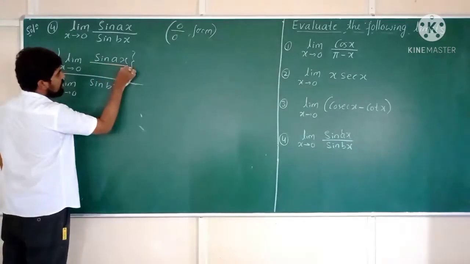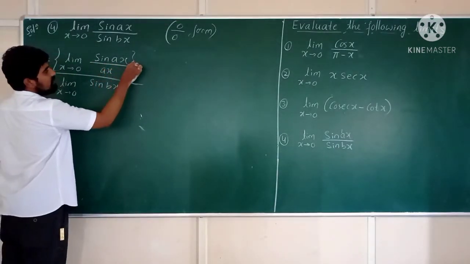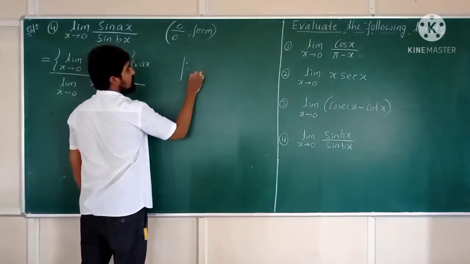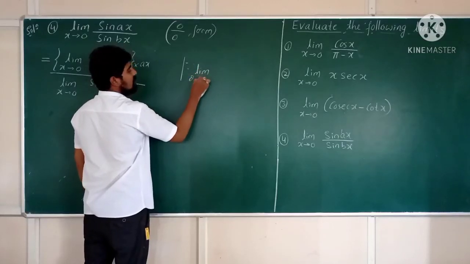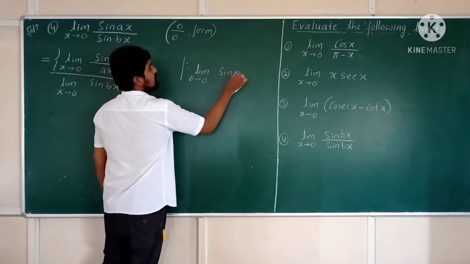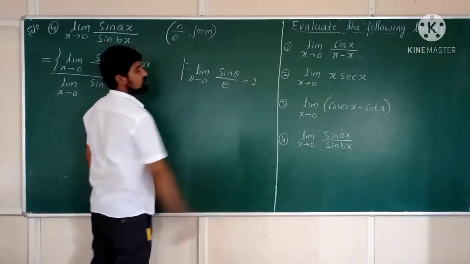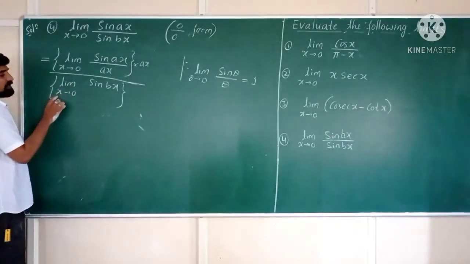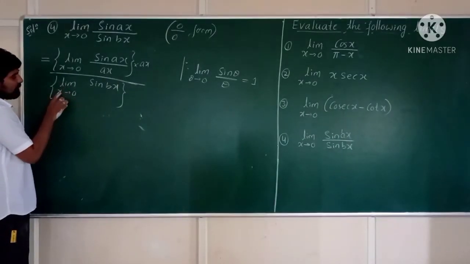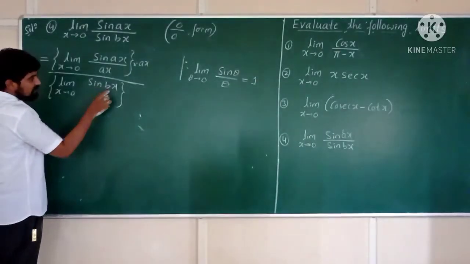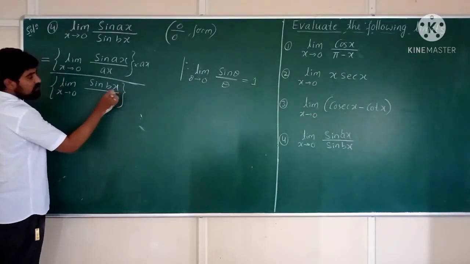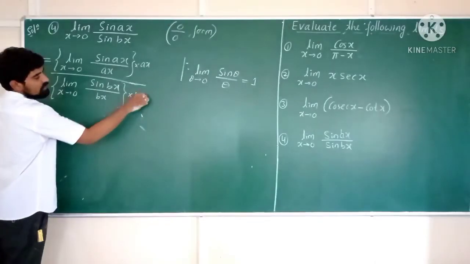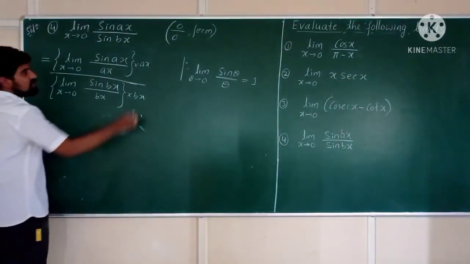So it means divide this by ax and multiply by ax, because we know the formula limit theta tends to 0 sin theta divided by theta is equals to 1. In denominator also, if I assume this bx as theta, this is of the form limit theta tends to 0 sin theta divided by theta, which means we need to divide this function by bx and multiply by bx. I hope all of you understand it.